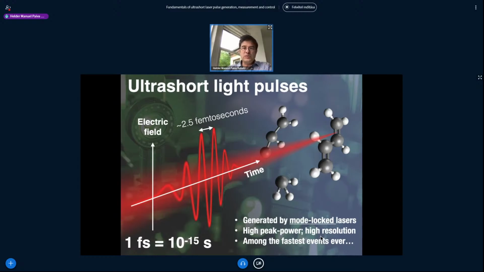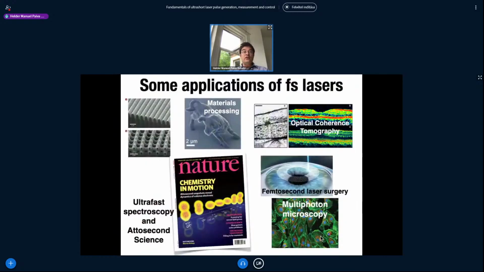So what can you do with these pulses? Because of their unique characteristics, namely the short duration and the high peak powers, you can do many things, like materials processing. You can micro machine materials at really small scales. You can also, as I mentioned previously, do ultrafast spectroscopy to look at the real fundamental dynamics of atoms or molecules.